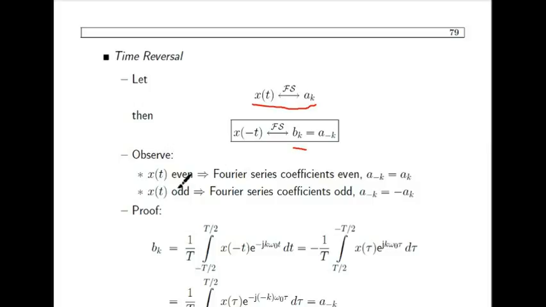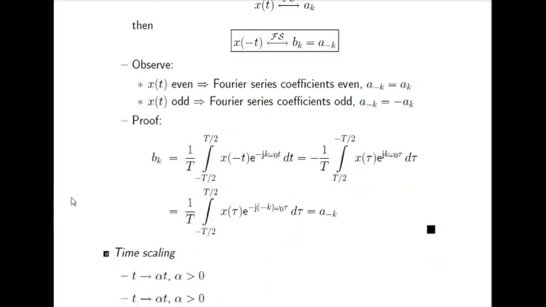The observations of this property are that if x(t) is even, then Fourier series coefficients are also even, which means that a of minus k will be equal to a_k. If x(t) is odd, then Fourier series coefficients will also be odd, which means that a of minus k will be equal to minus a_k.